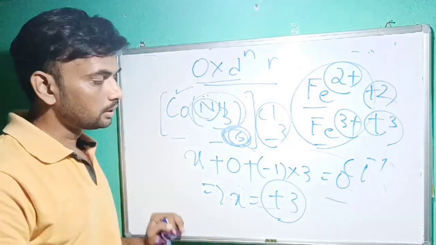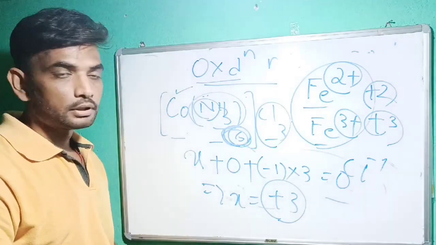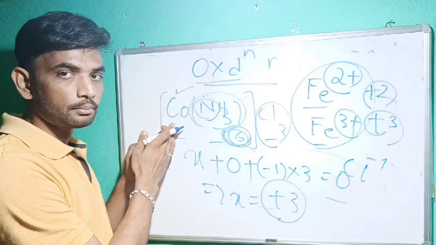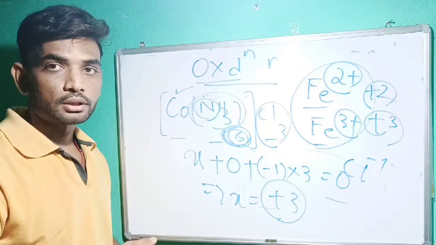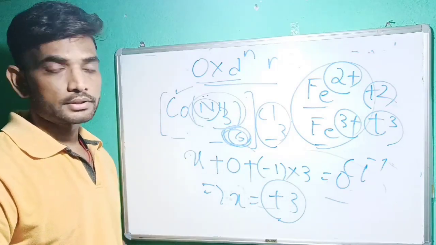There are some questions in the chemistry exam, that is, calculate the oxidation number or calculate the coordination number of the metal atom in the following complex. This is the process.